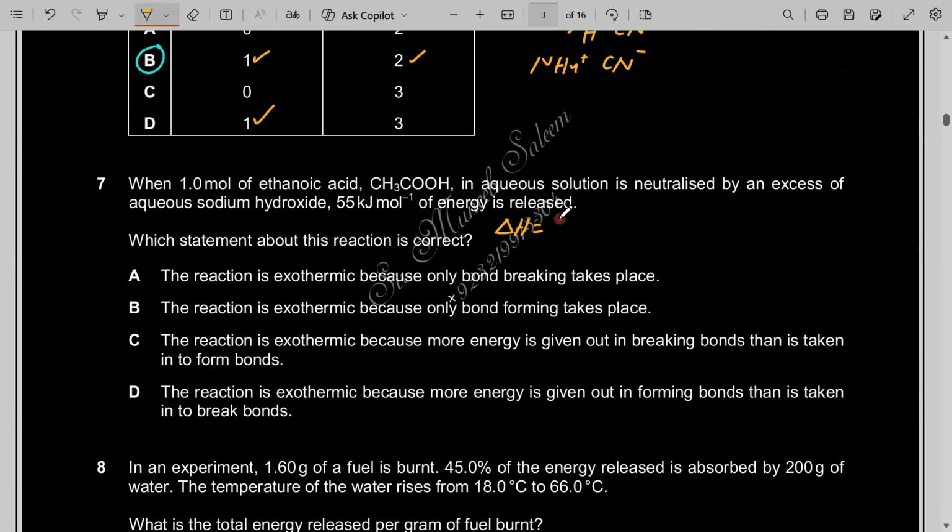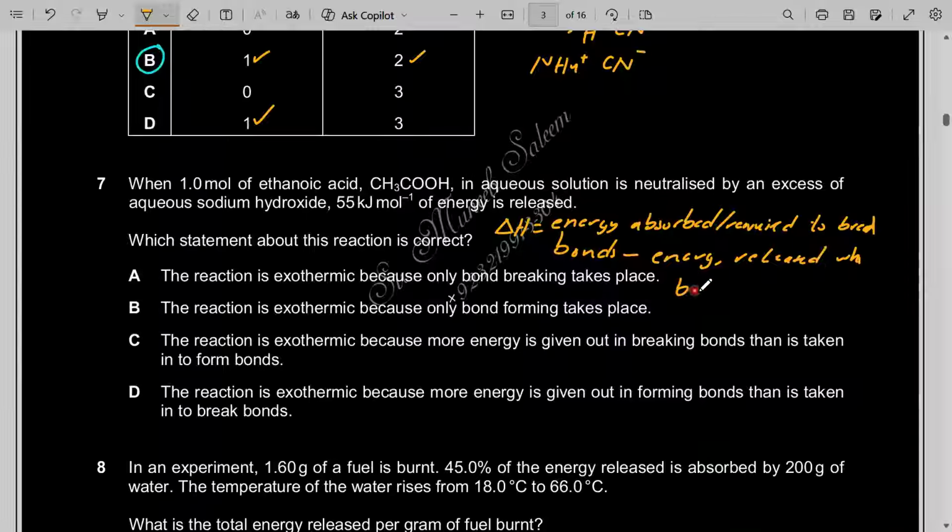In a simple way, you can say energy absorbed or required. The energy is required to break bonds, minus energy released when new bonds are formed.